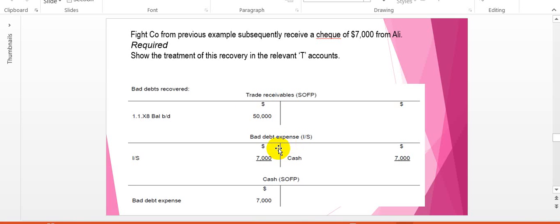So the bad debt expense account, we had debited the income statement earlier on. We are now going to credit the bad debt expense account with the 7,000 cash which has been received. Then we debit cash, the 7,000, to indicate that cash has come in, with the contra in the bad debt expense account.